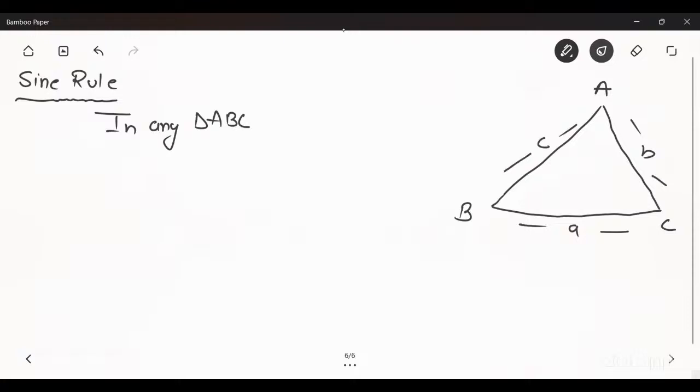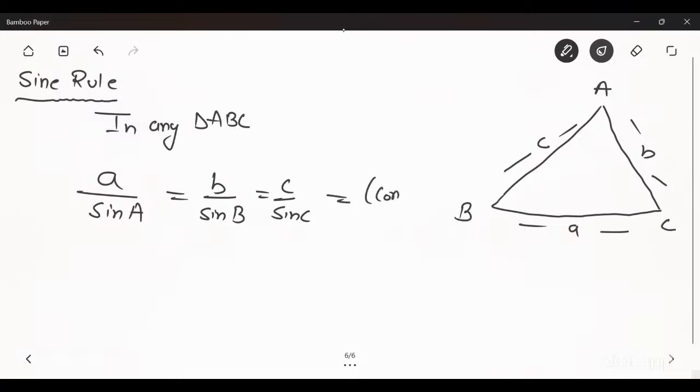So in any triangle ABC, a upon sine A is equal to b upon sine B is equal to c upon sine C is equal to a constant. It means the ratio of the side with its respective angle's sine is always constant, and this constant is equal to 2R.